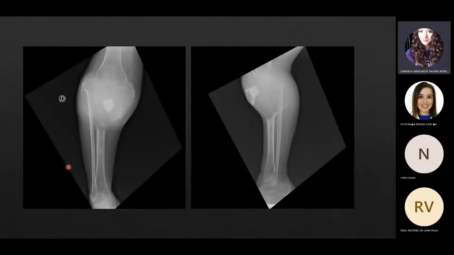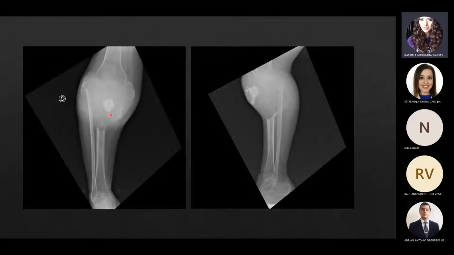But then we have these two X-rays in AP and lateral projections of the tibia and the fibula, where we can see at the level of the metaphysis, right here, and the proximal epiphysis of both the tibia and the fibula, a lytic expansive lesion that causes increase of the volume of the soft tissues.